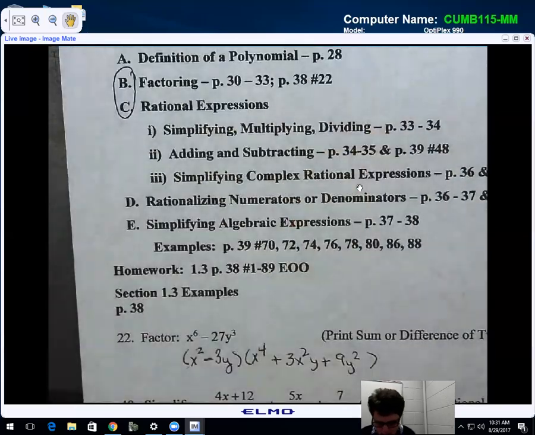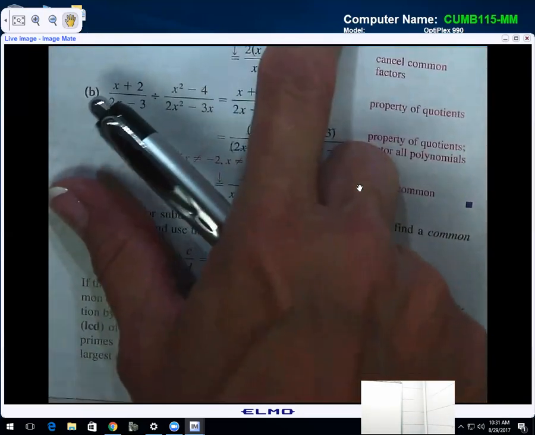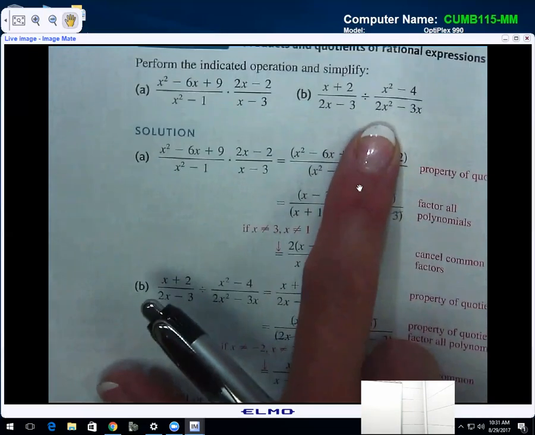We don't have time to do examples of that, and there are fine examples in the book. I don't see the example of simplify that I was looking for, but I see the example of multiply and divide as example 3 on page 34.